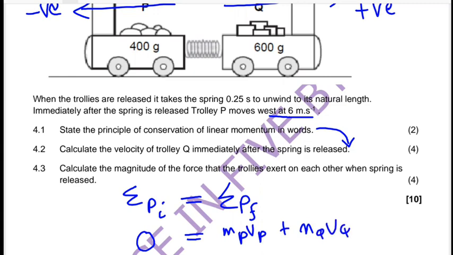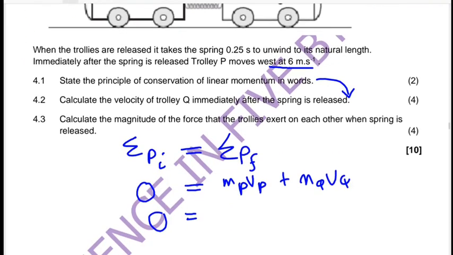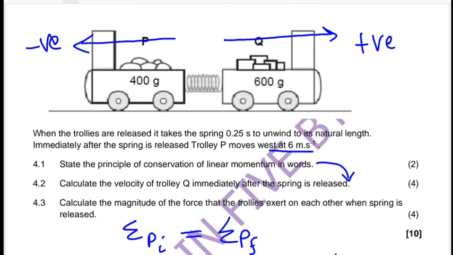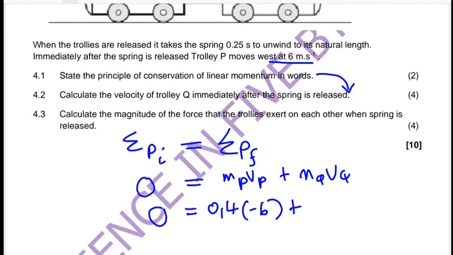Continuing the calculation, 0 is equal to the mass of P, which we're told is 400 grams, the same as 0.4, times the velocity, and west is negative, so negative 6, plus the mass of Q, which is 0.6, and we don't know the velocity V_Q.